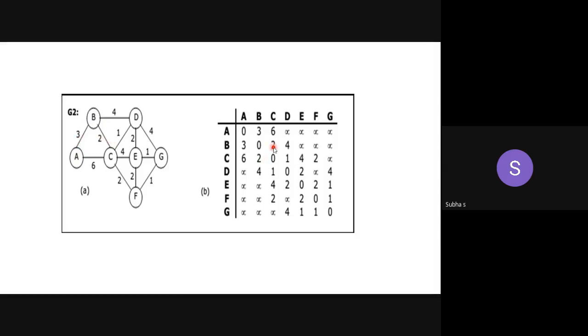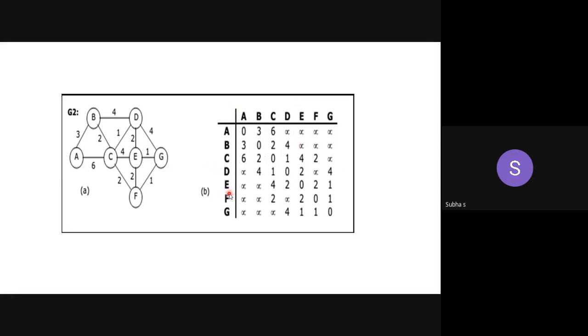And for C, 2. Remaining, put infinity. To avoid confusion, I told you to first fill the diagonal values. Otherwise by mistake you might put some weights or some infinity value, and it will become wrong. So first fill the diagonals. Then if there is a path, put that weight. If there is no path, put infinity.